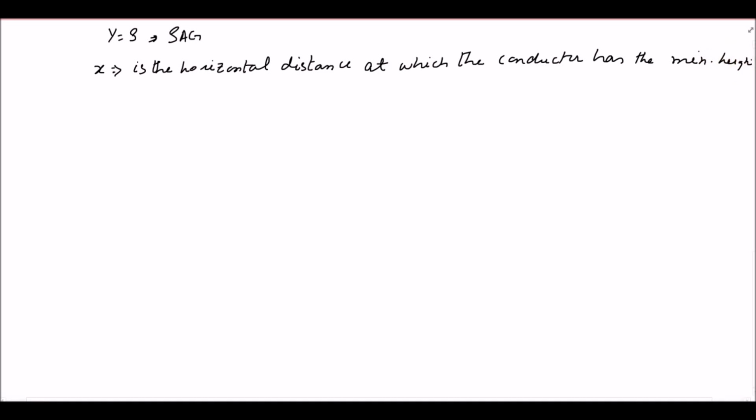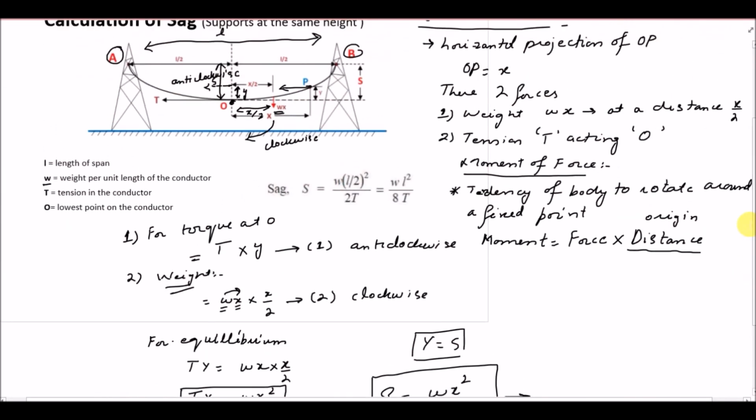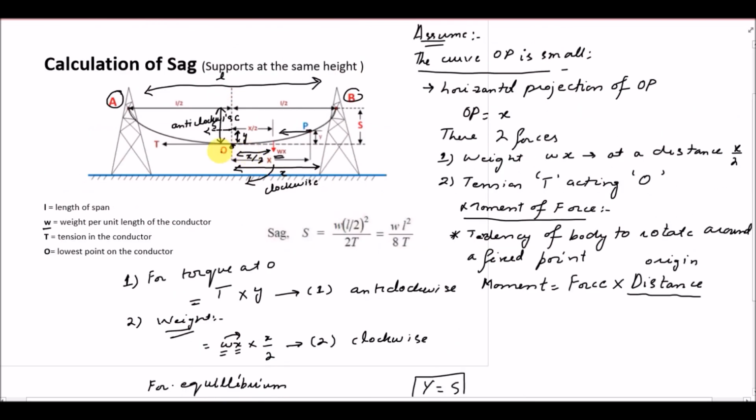So this is the distance x from the tower to the point where the conductor has the minimum height. In this derivation we considered the point P, and for that it was x, but in the actual case this x is the horizontal distance between the support point where the conductor is attached to the tower and the point where the conductor has the lowest ground clearance, and the vertical distance is the sag.